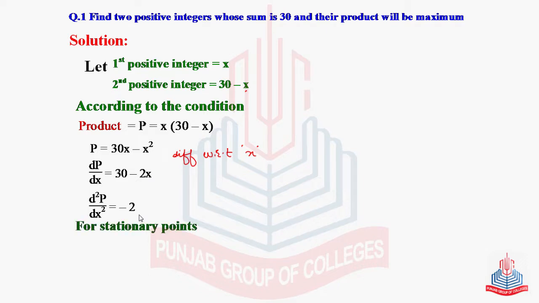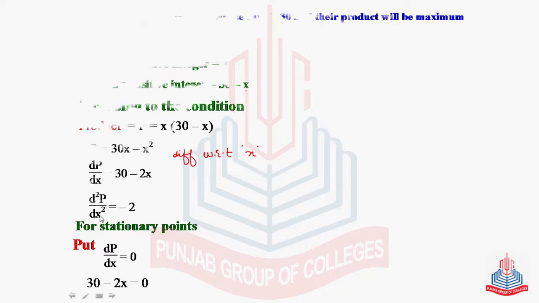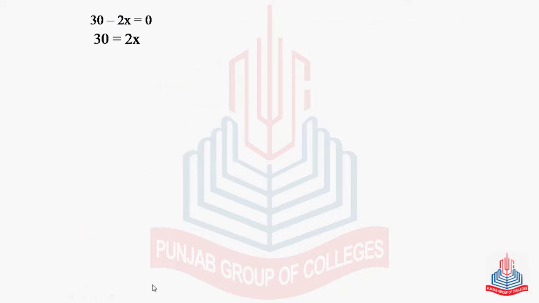For stationary points we make the first derivative equal to 0, as we discussed in exercise 2.9. So put dP by dx equal to 0, so that we can get that particular value and check whether the second derivative is positive or negative. So 30 minus 2x is equal to 0, and from here x is 15.